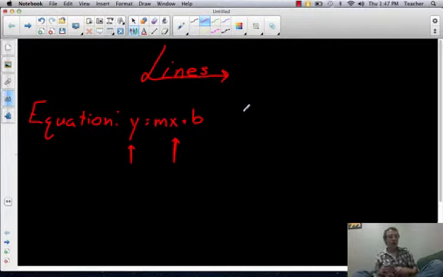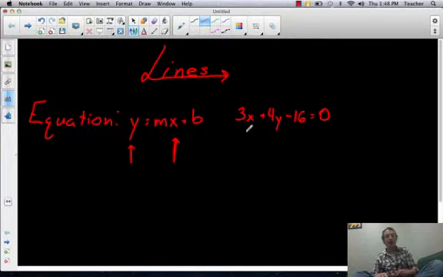So, your book and the ACT are going to throw some questions at you on how to solve an equation to create a line. Let's take the example. We have 3x plus 4y minus 16 equals 0.